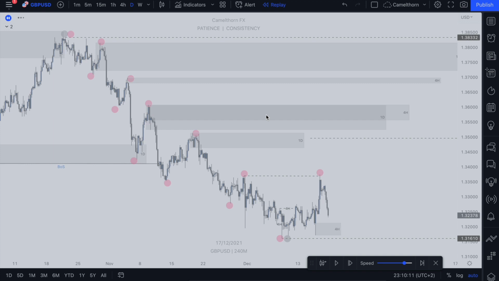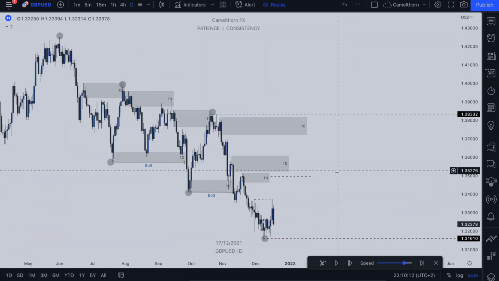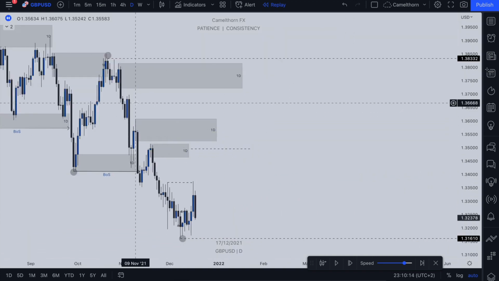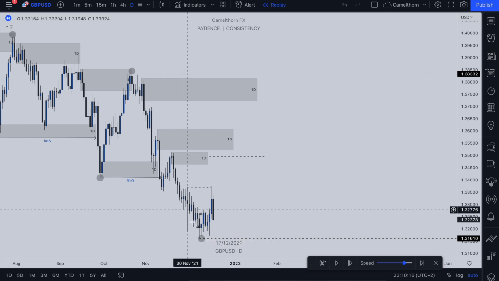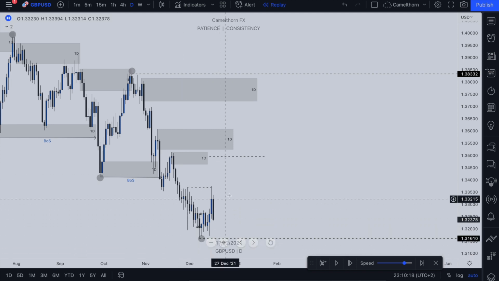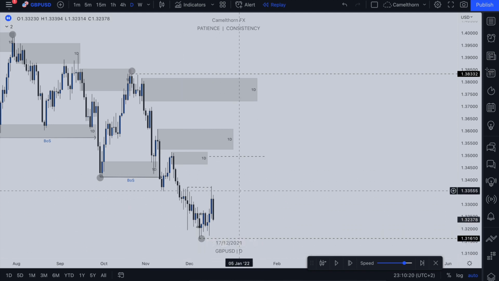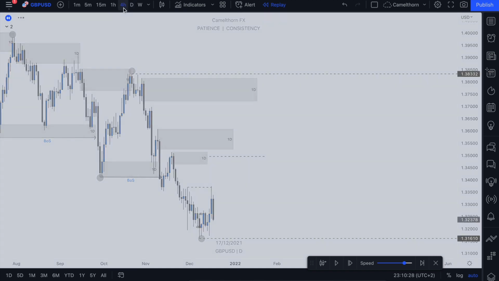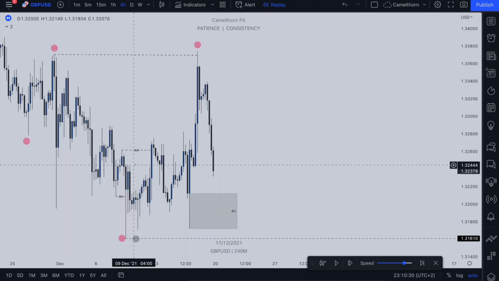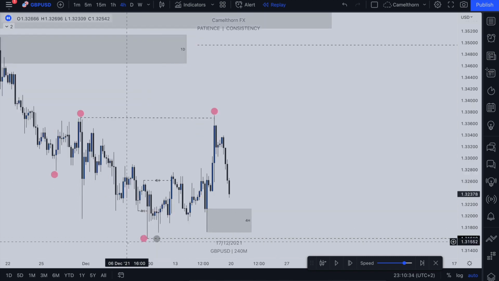So if we just drop back out, what we can see is our daily chart has just formed a new low and we are within discount pricing. So we can anticipate a bullish daily pullback. On my 4-hour chart, I have just seen a 4-hour change of character, which obviously confirms this particular low.